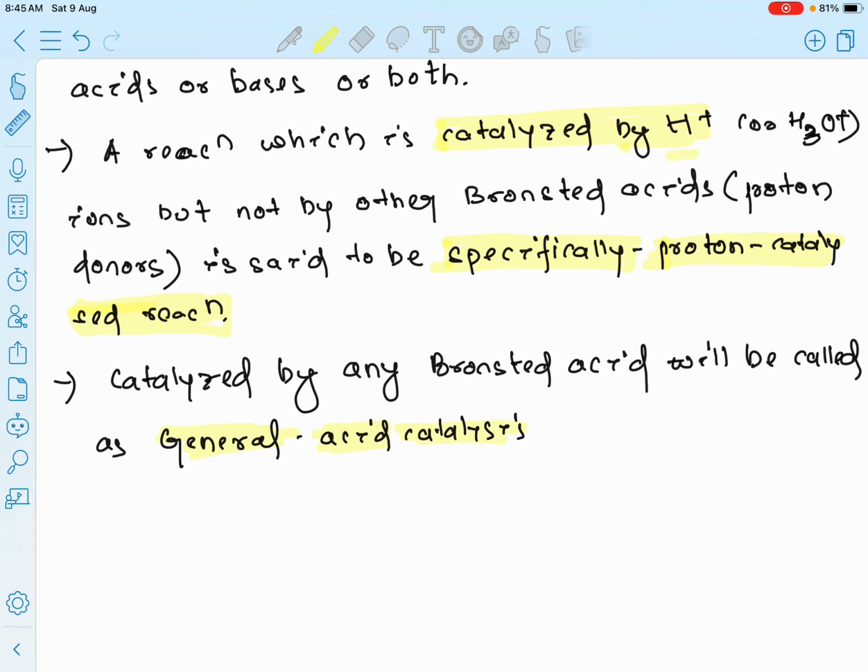If by proton, then it is called specific proton catalysis. If by Bronsted acid, it will be called general acid catalysis.